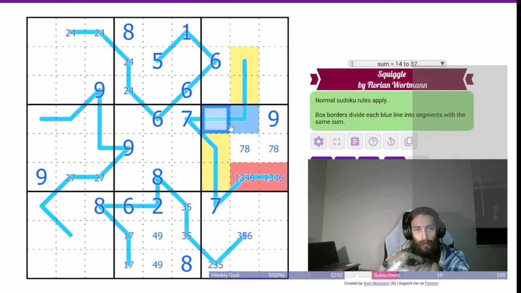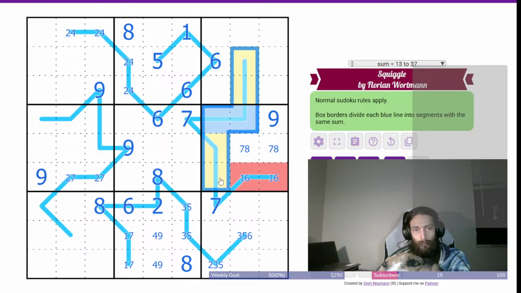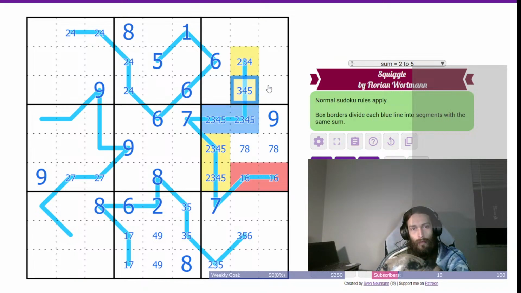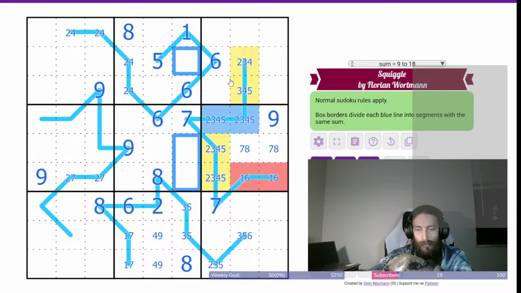So now none of this can have 6 on it. This has to be our 6. These two can be 9.